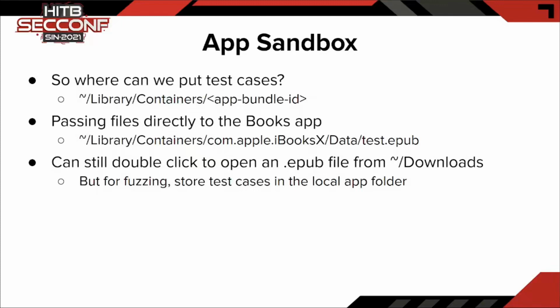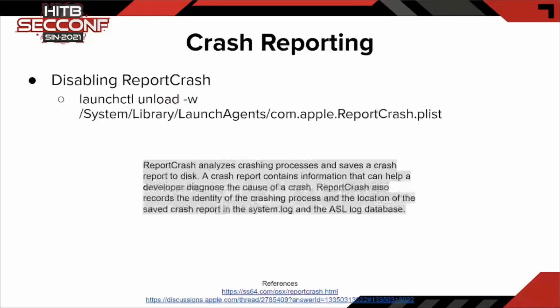For crash reporting, most of the time I would say it's okay to disable ReportCrash, because it may get in the way of your triage program. Whenever a crash happens, it creates a crash log and triggers a bunch of other stuff. But there are actually some ways to use it to your advantage.